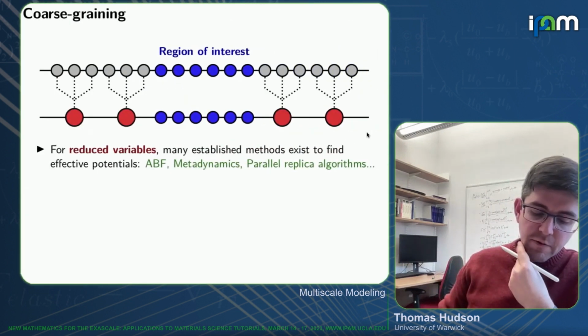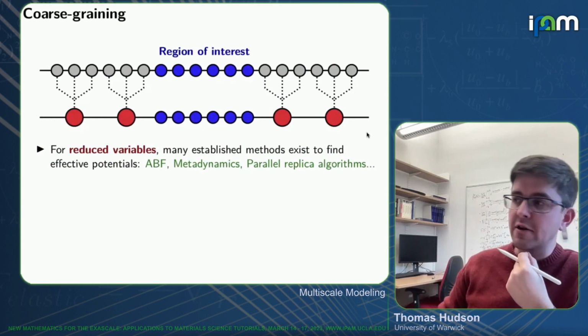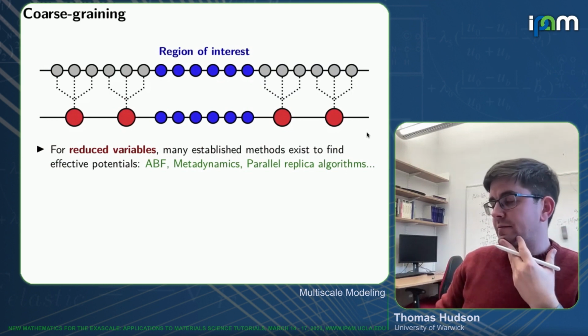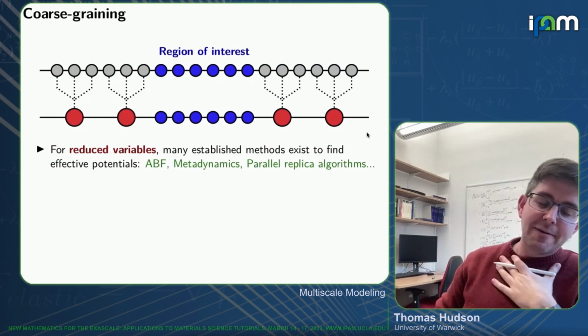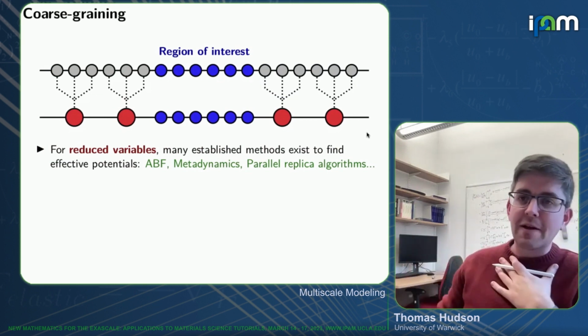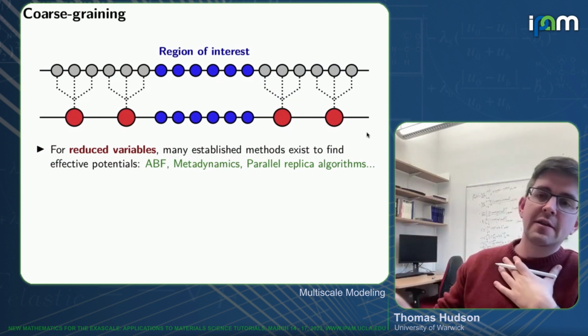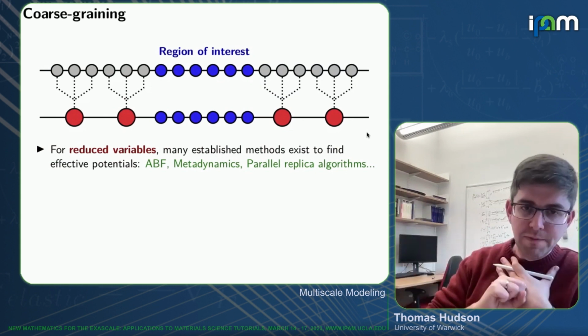If I reduce variables in this way, lumping things together into beads, then I can view that as a coarse-grained degree of freedom, or sometimes called reaction coordinates, a set of reaction coordinates that allow me to reduce the number of degrees of freedom in my model.